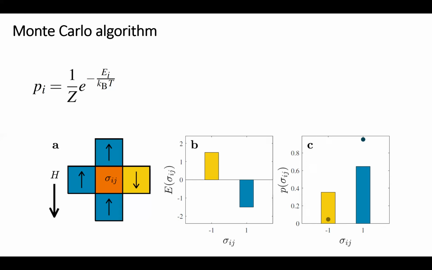So the interaction energy that I assume this system has is that, let's say, sigma I, so sigma I is the spin of each of its neighbors.